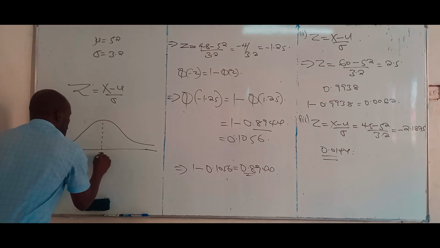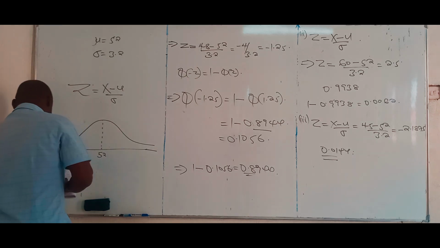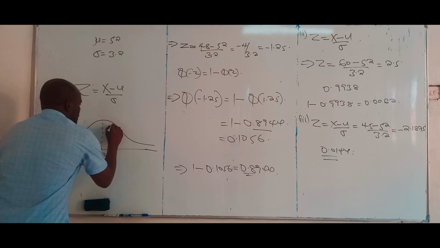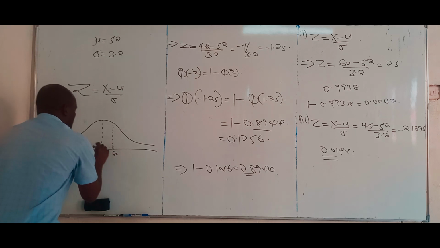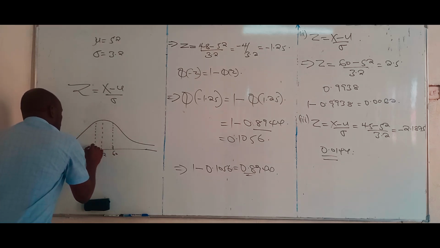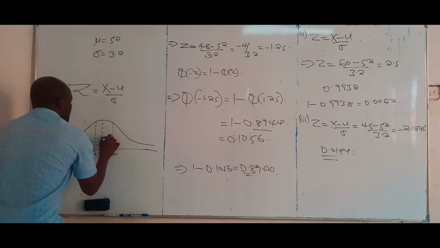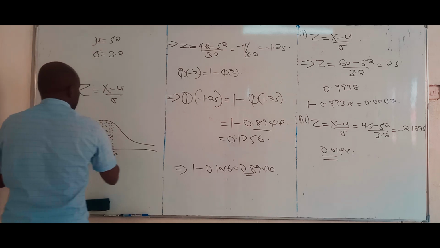If this is 52, and we said it's between 50 and 60, I would call this 60, and then call this 50. So it means that I want this area, the area in between, the shaded part. That's the area that I want.